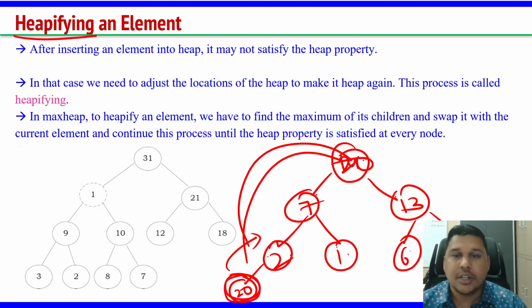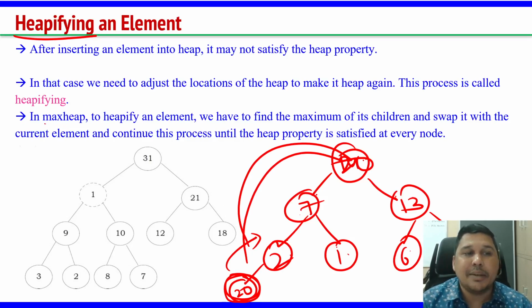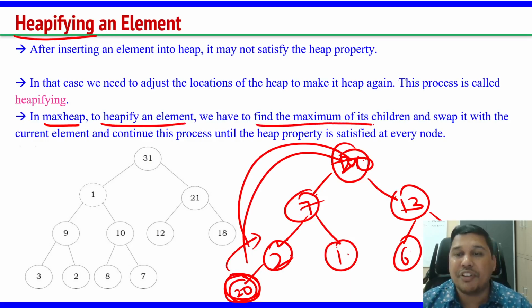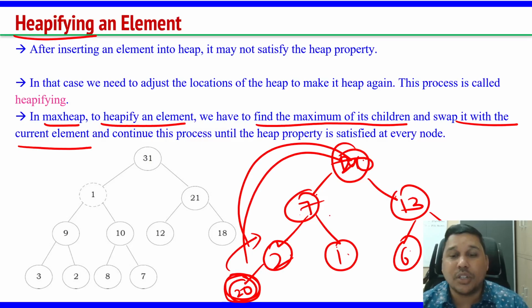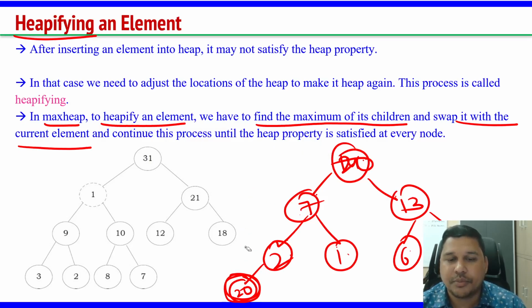Okay, right. So, what we do here, see, in max heap, to heapify an element, we have to find the maximum of its children and swap it with the current element. Okay. So, here, let me quickly show you what we are trying to do.